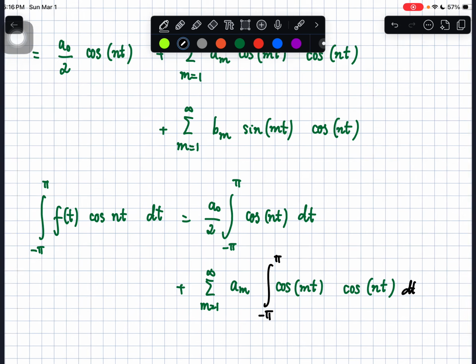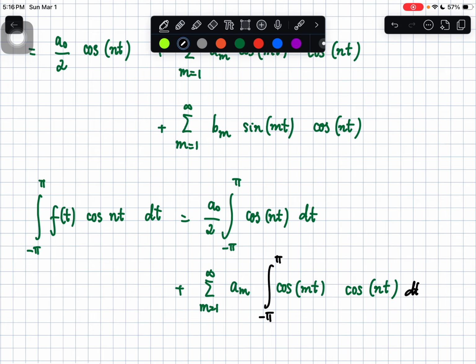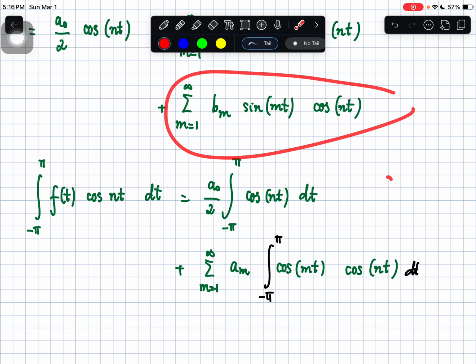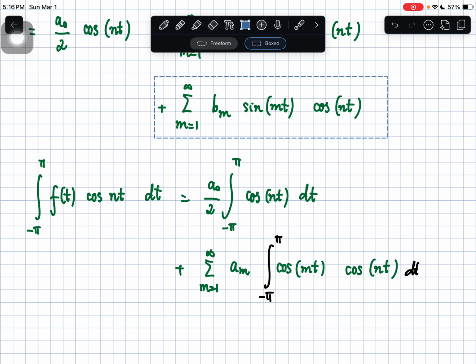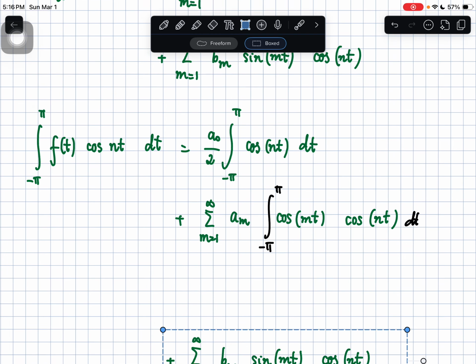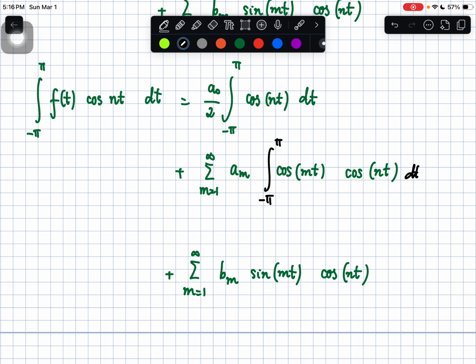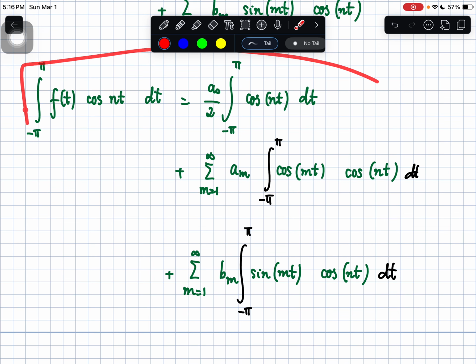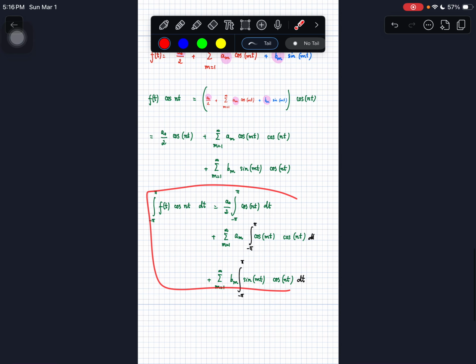All these terms are summed, m greater than or equal to 1. Similar for the last terms. This one doesn't depend on t, so we take it out of the integral. This is what we get after integrating both sides here.